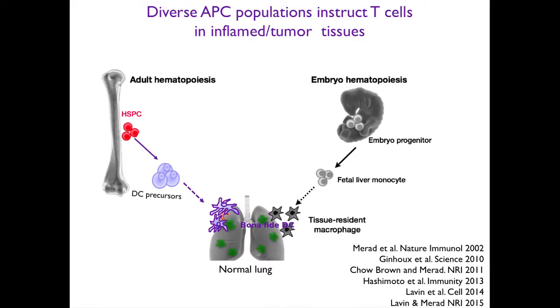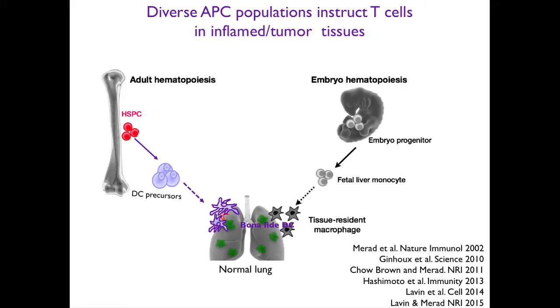And what we found is that, in most tissues, at least in the steady state, most tissues are inhabited by this pool of macrophages that are recruited very early during embryonic development.